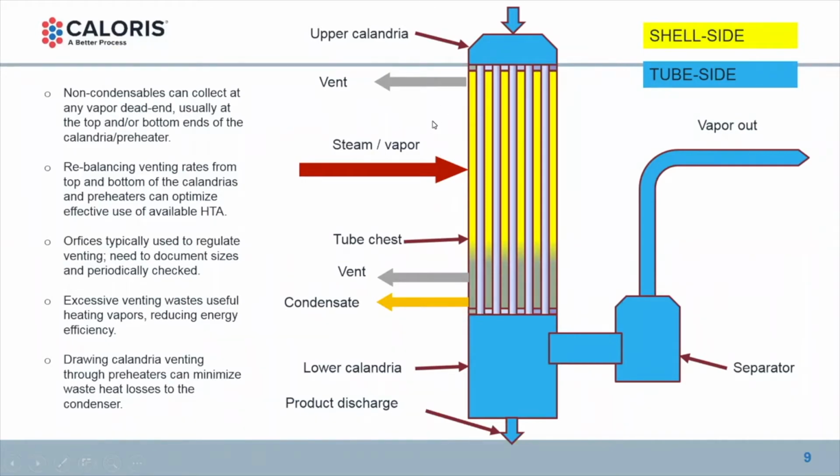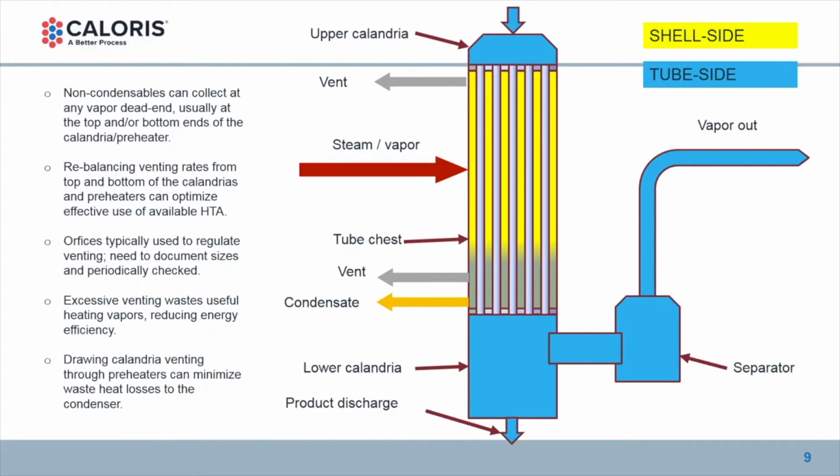Typically, we're using orifices. Sometimes you'll see valves, but we prefer orifices because it's harder for somebody to change. Once you balance a calandria and a heat exchanger on its venting profile to what you believe is its optimum condition, if you do that with an orifice, it's more challenging for somebody to change it.